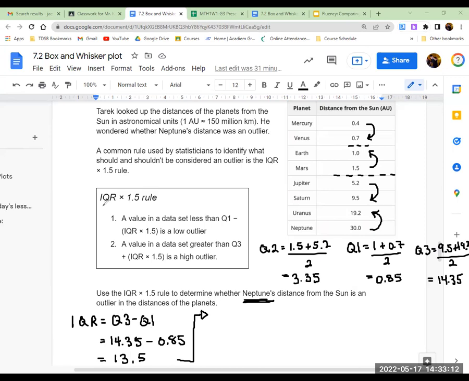From there, the IQR times 1.5 rule states that if I am greater than that from Q3, then it's way too far away. And if the data is lower by that much than Q1, then it's way too far. In this case, Neptune is on the high end. Let's calculate what IQR times 1.5 equals. That is 13.5 times 1.5, which equals 20.25.